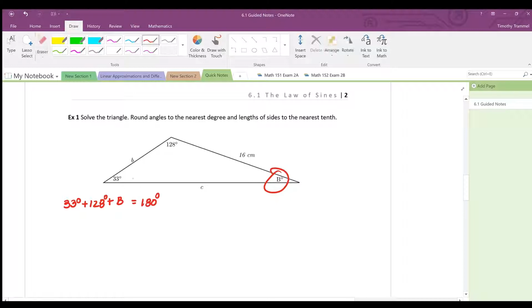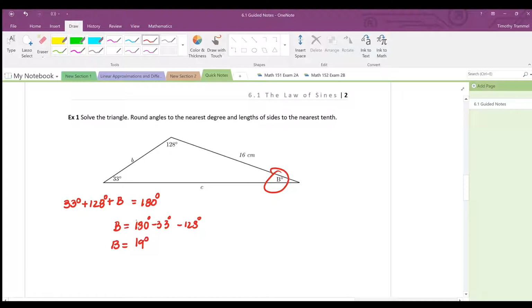And we'll just solve for B here. So B should be equal to 180 minus 33 minus 128. And this gives us B is equal to 19 degrees.